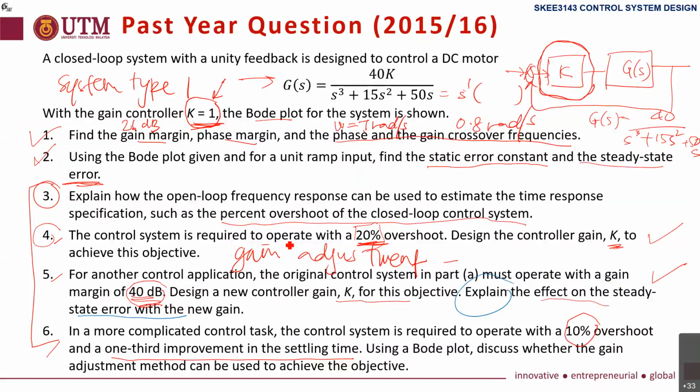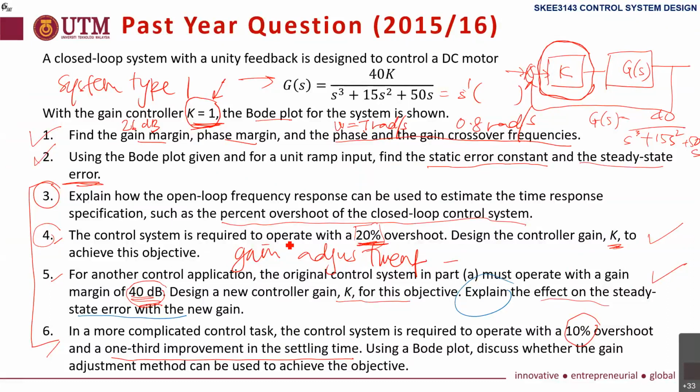So that is the disadvantage of gain adjustment. It is easy, but can only be used to achieve one objective. If we need to achieve two objectives, then we need to design another controller. Here we have lead controller, lag controller.